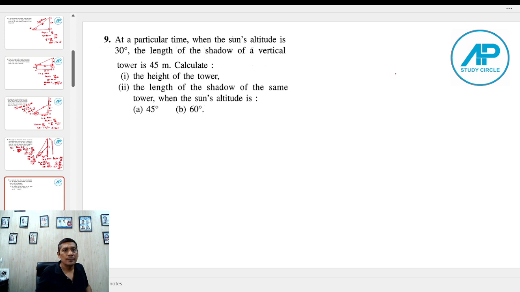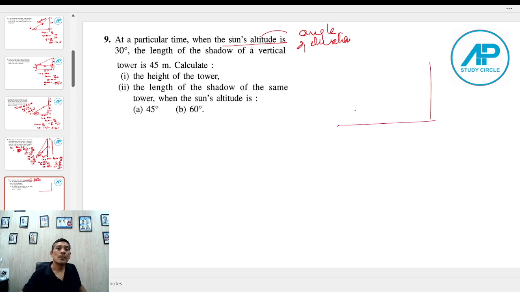At a particular time, when sun's altitude, the second name of angle of elevation. The shadow of vertical tower is 45.